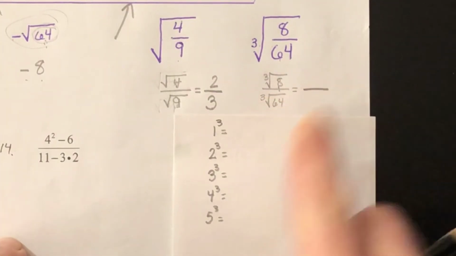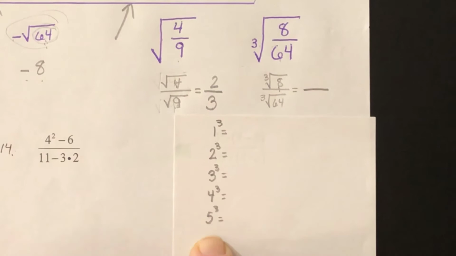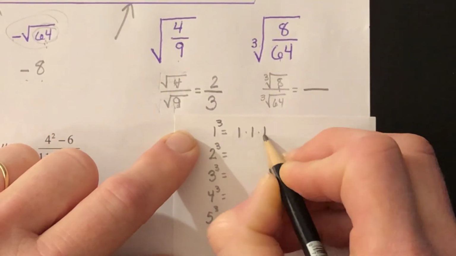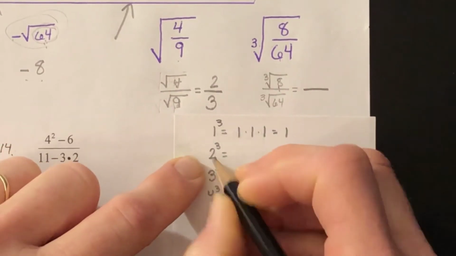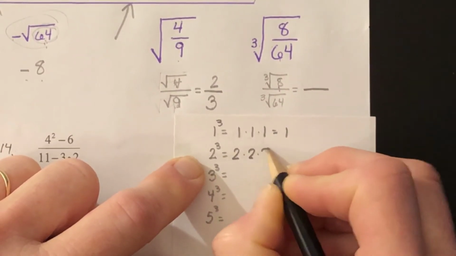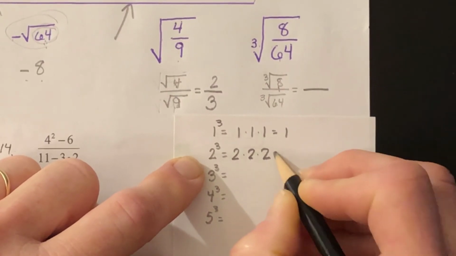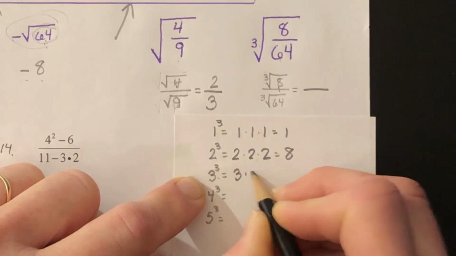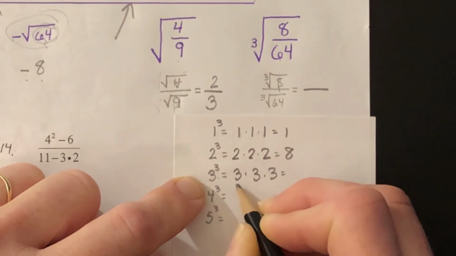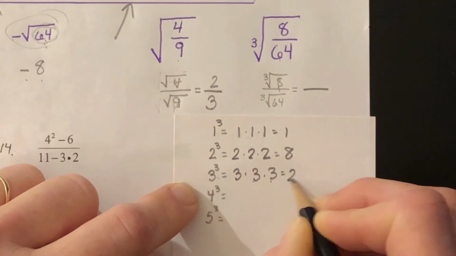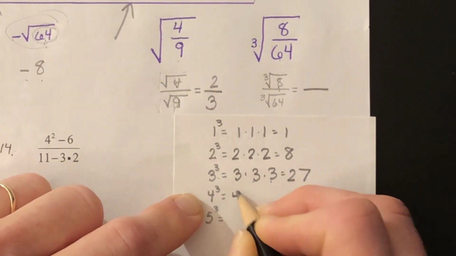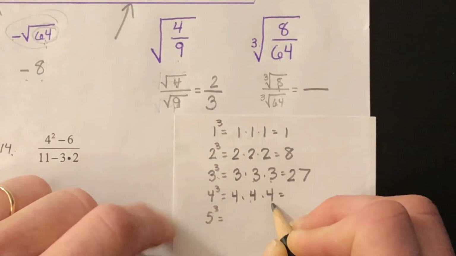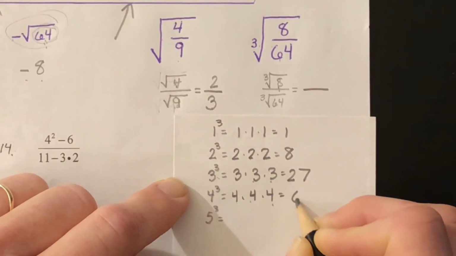To find the value of these, I'm making myself a little reference chart. 1 cubed would be 1 times 1 times 1, which is 1. 2 cubed is 2 times 2 times 2, which is 8. 3 cubed is 3 times 3 times 3, which is 9 times 3, 27. 4 cubed is 4 times 4 times 4, which is 16 times 4, 64.